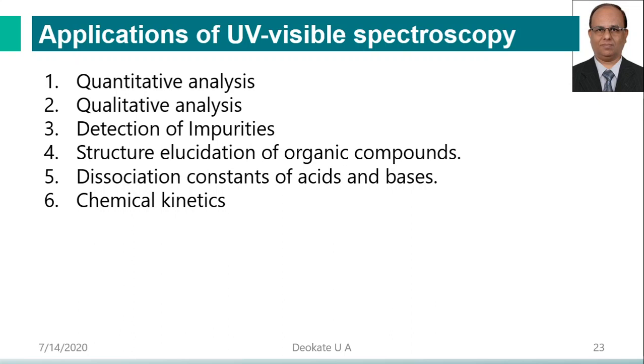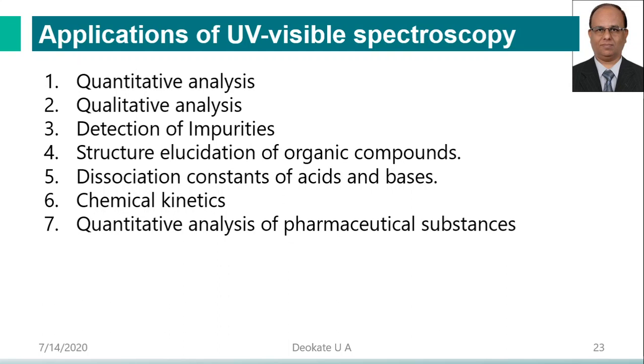The next one is quantitative analysis of pharmaceutical substances. Impurities, or the concentration of active substances in the final formulations, can be detected by using UV visible spectroscopy. The sample is to be analyzed for its content and percentage purity. Then one more example, that is determination of molecular weight.